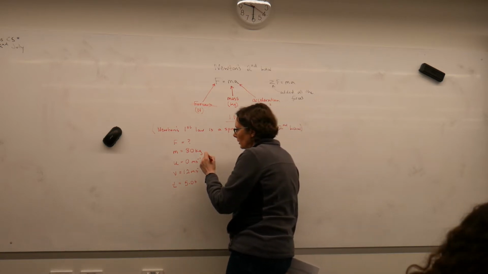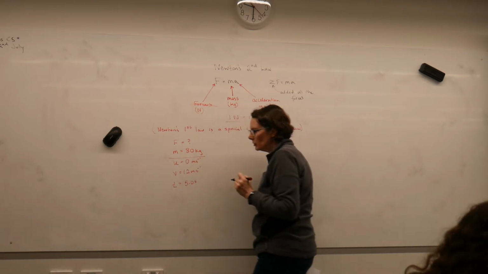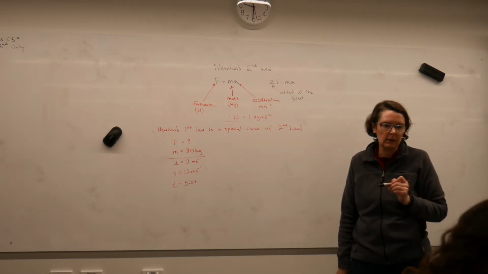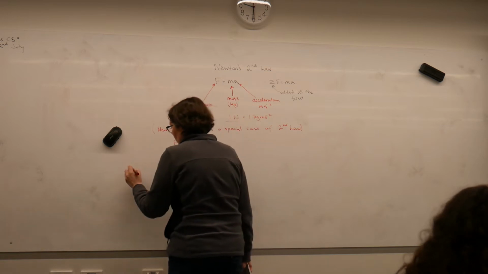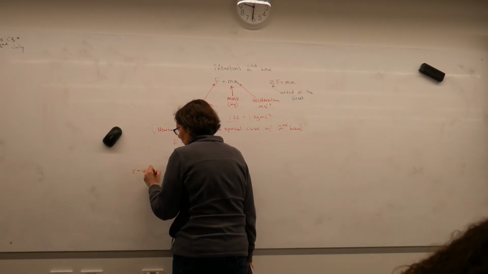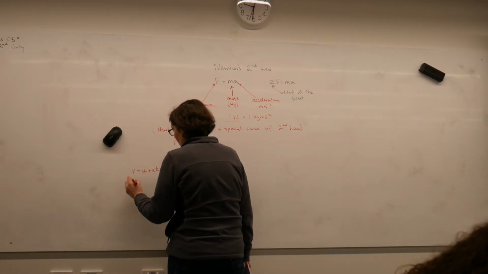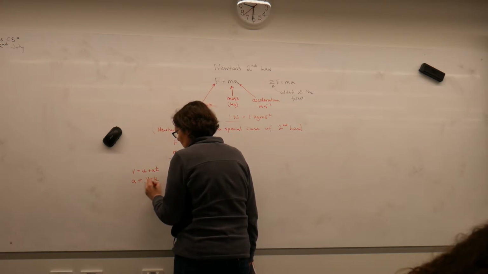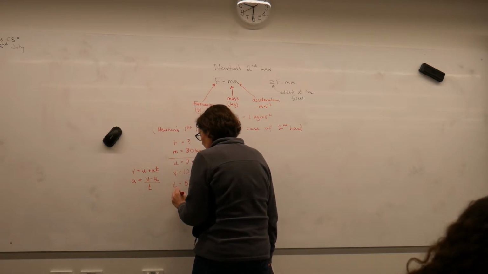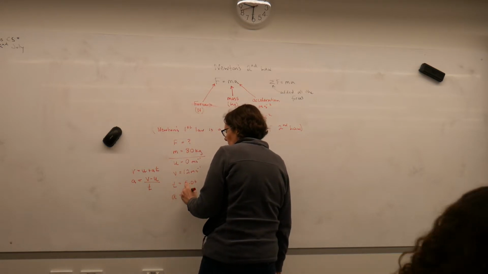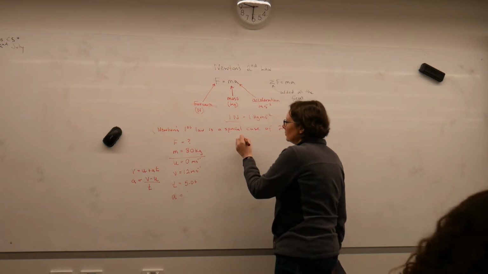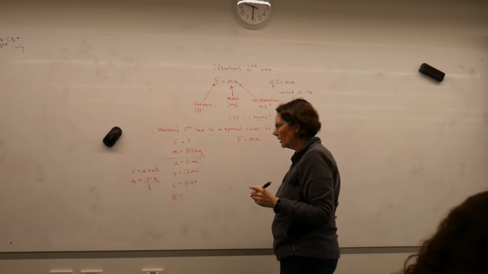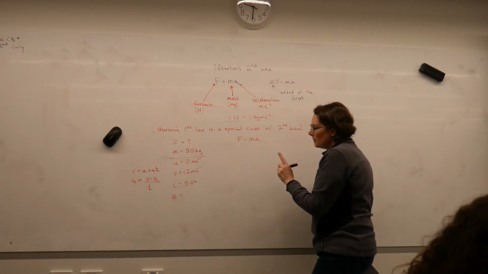So we can use our equations of motion relationship here to find acceleration, because we know that v is equal to u plus at. So a will equal v minus u on t. That allows us to find a, because we need acceleration for our calculation over here.